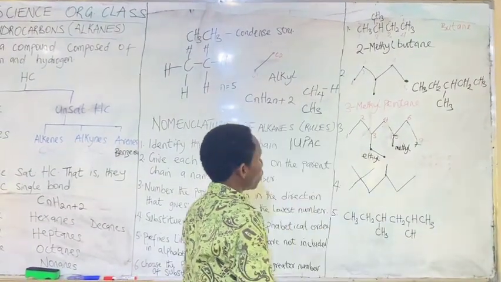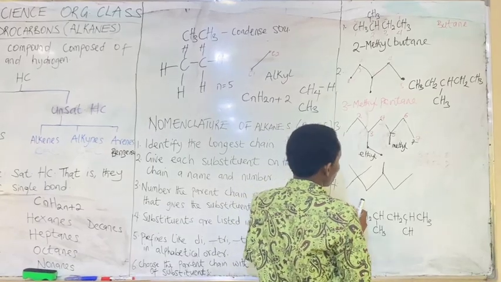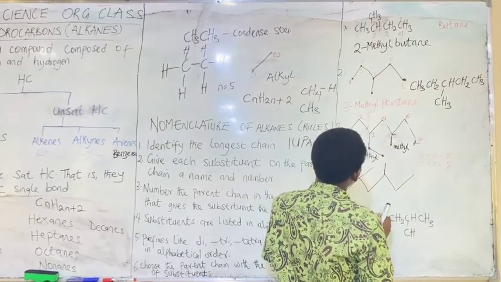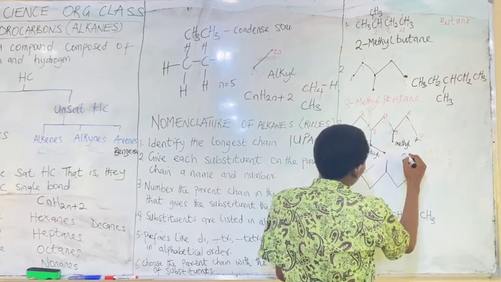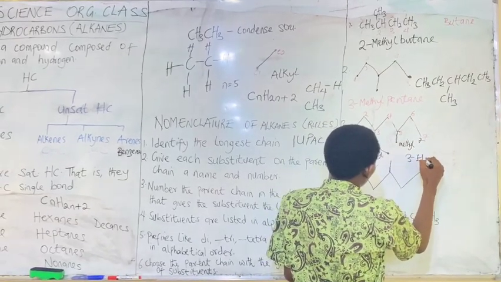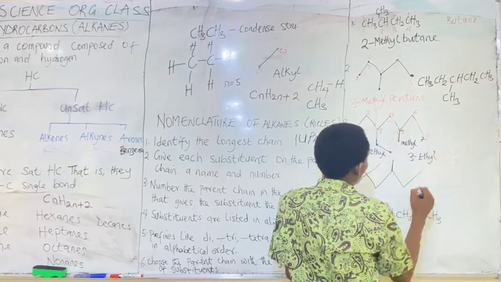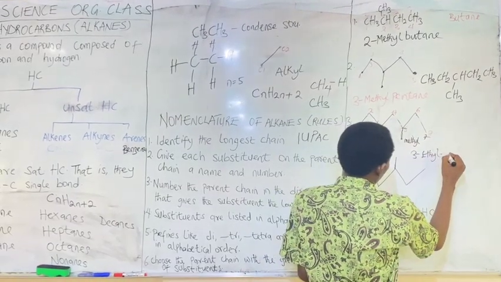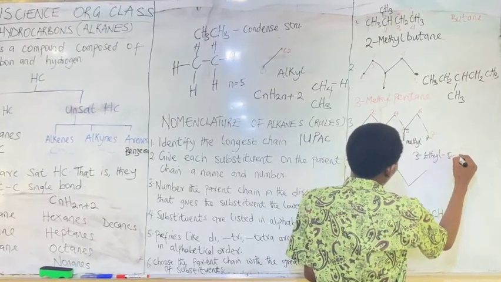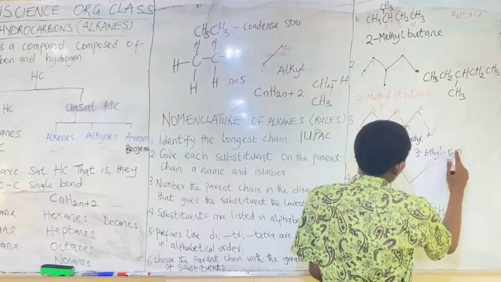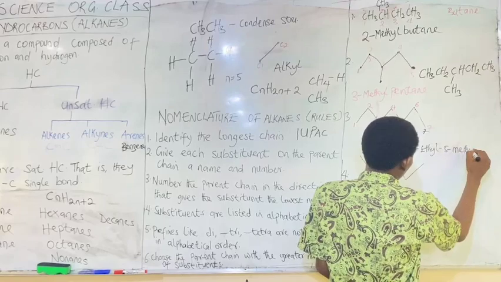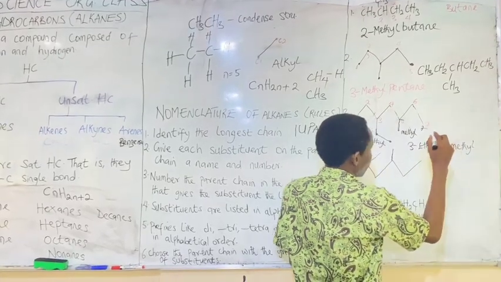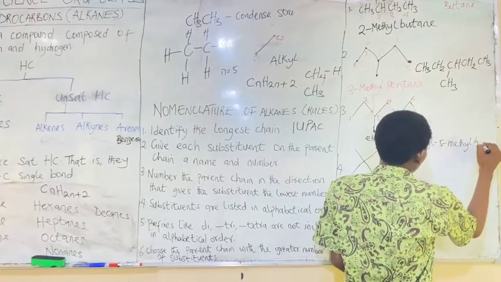So how do we name this now? The name would be what? 1, 2, 3. Okay, let's take it. Name will be what? 3-ethyl, and then 5-methyl. This will be small letter now, no longer big letter. And what? The parent chain is what? Heptane.